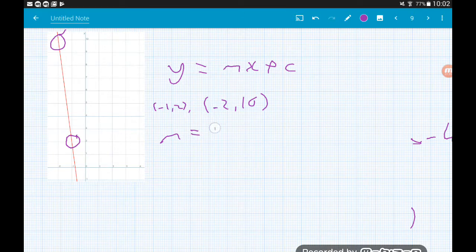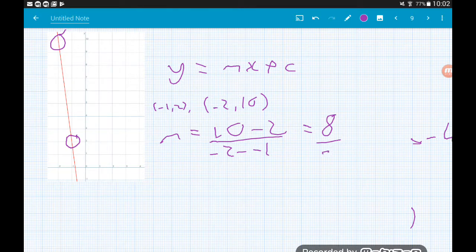So here I'm going to do 10 take away 2 over minus 2 minus 1. Now 10 take away 2 is 8, and then minus 2 minus 1 is going to be minus 3, and then 8 divided by minus 3.